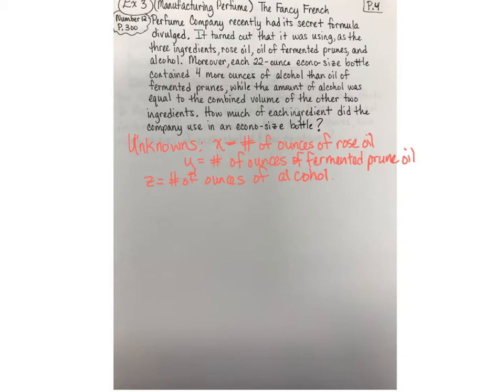So we know that the total amount in a bottle is 22 ounces. So in other words, the equation we get for this is x plus y plus z equals 22. Okay?